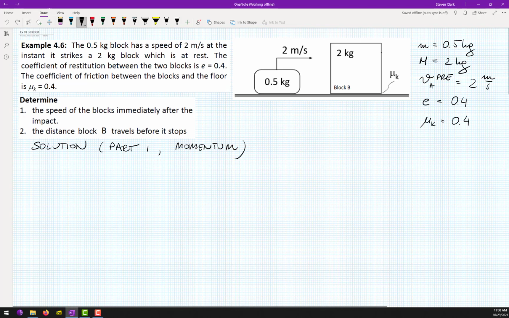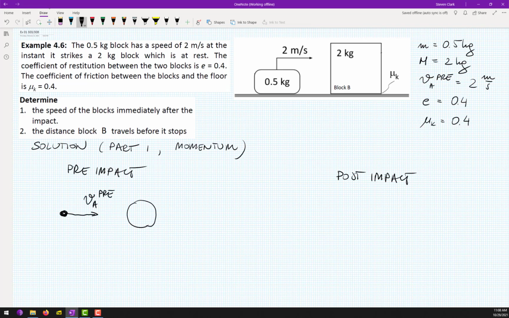So this is my solution. Let's see what happens pre-impact and also post-impact. Pre-impact, we have the little guy approaching the big guy, VA pre, and it has mass. The big guy has big mass, but no velocity.